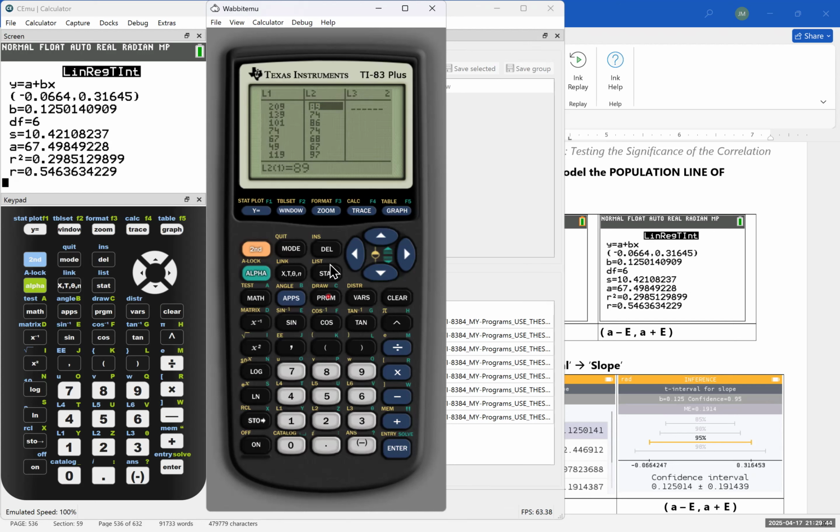Okay, so we have to go to the Programs button, go down to LinRegTInt 83, hit enter twice. Okay, our list of X values were in list 1, our list of Y values were in list 2, with a confidence level of 95%, 0.95.